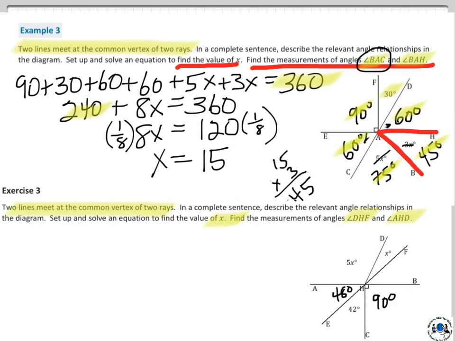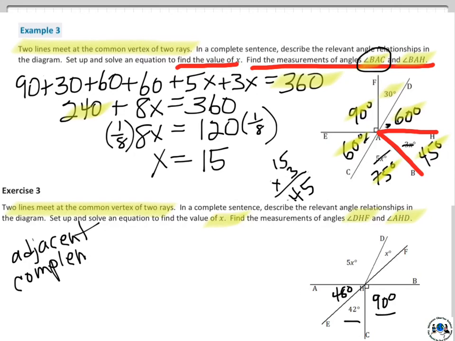Another way I could have done it, of course, is I could have added 90 plus 42, which is 132, and then found out what I need to equal to get to 180, because then that would be angles on a line. So I kind of used a combination. I used adjacent angles, but instead of adjacent, I could have used the complementary.